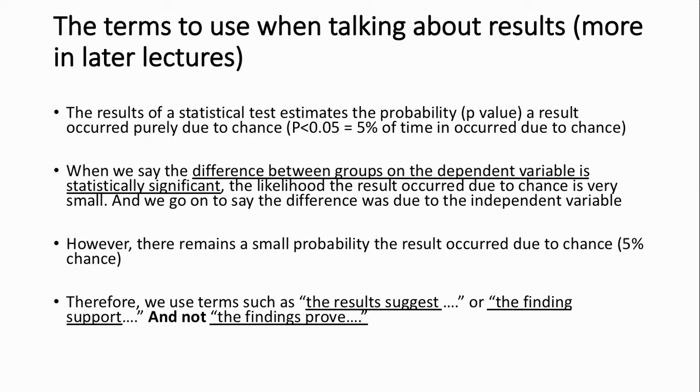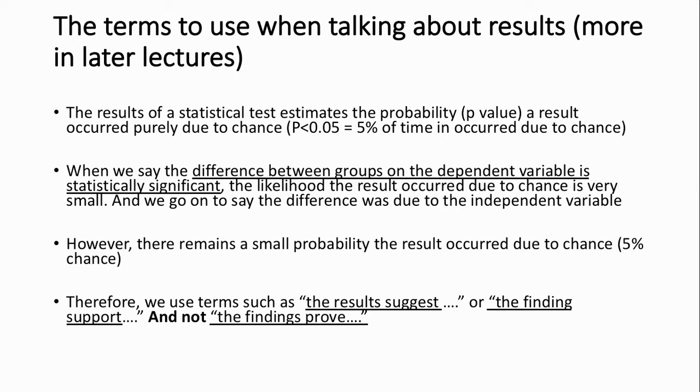However, there always remains a very small chance, that 5% chance, that it was incorrect. Because there's that 5% chance that we got it wrong, we use terms such as the results suggest, the findings support, and not the findings prove.